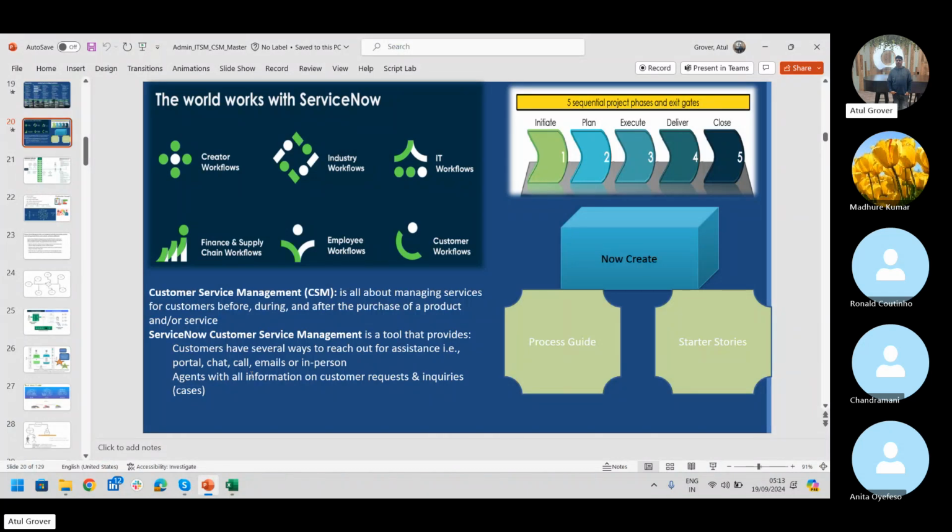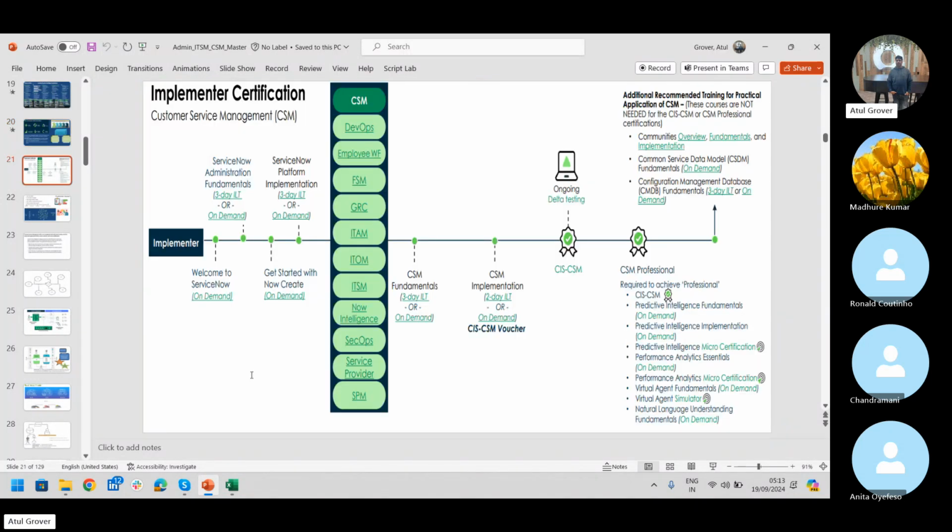And now we have to go deeper into this particular definition. Before that, I would like to share that if you are planning for the CSM certification, then you have to do 2 trainings: CSM Fundamentals, which is 3 days, and then CSM Implementation, which is 2 days.